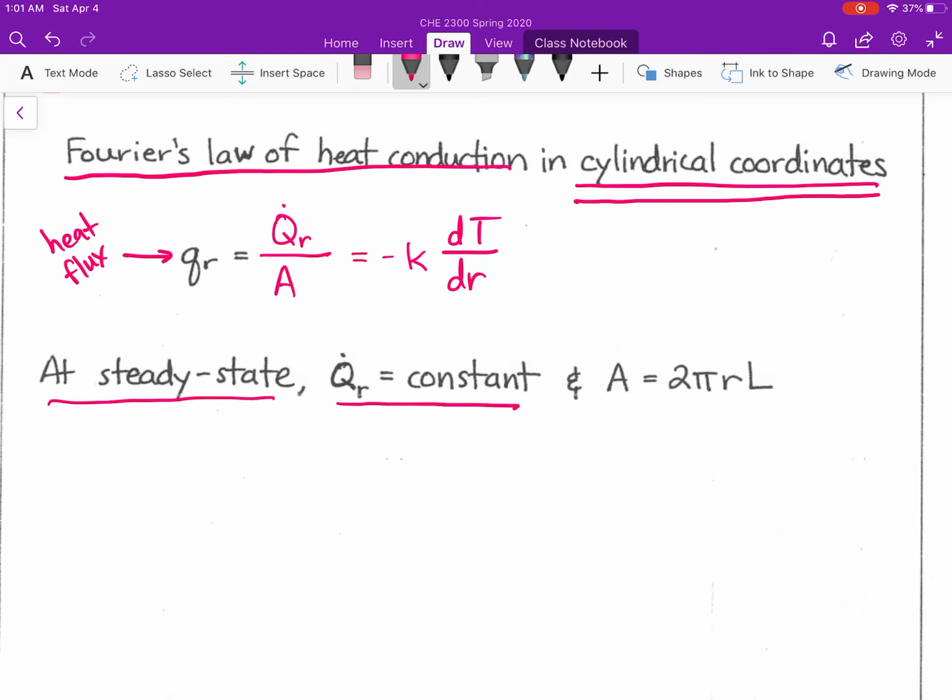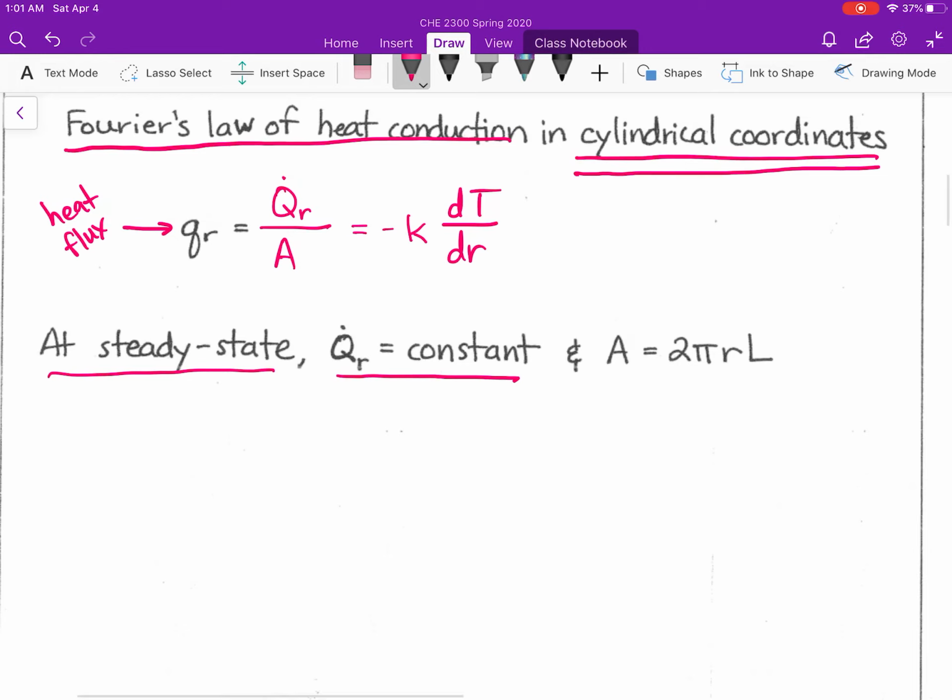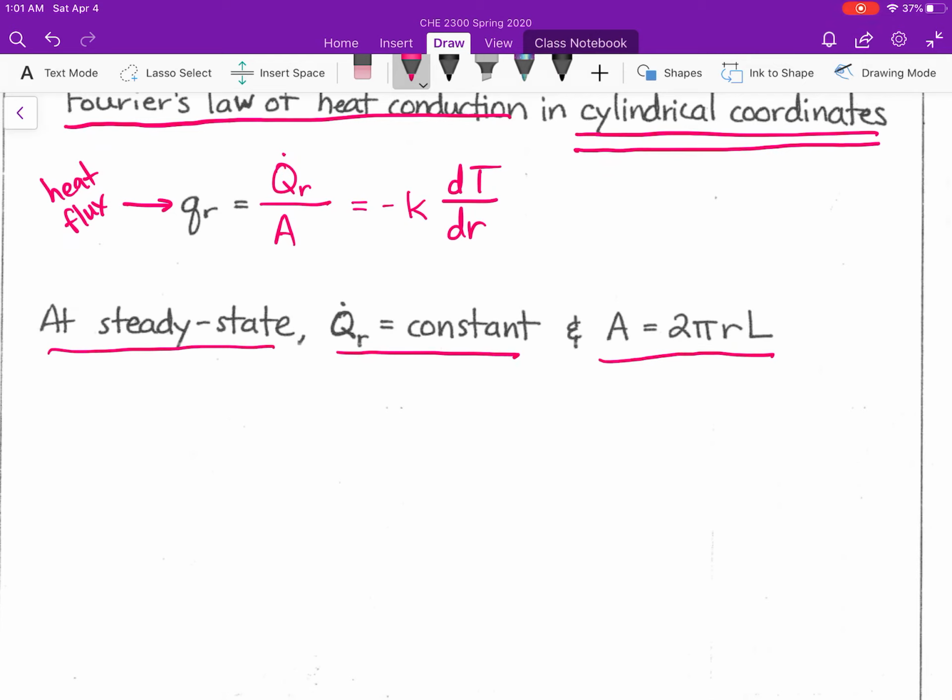At steady state, we know that our heat flow is constant, and we can describe the area of our cylinder by 2 pi RL.